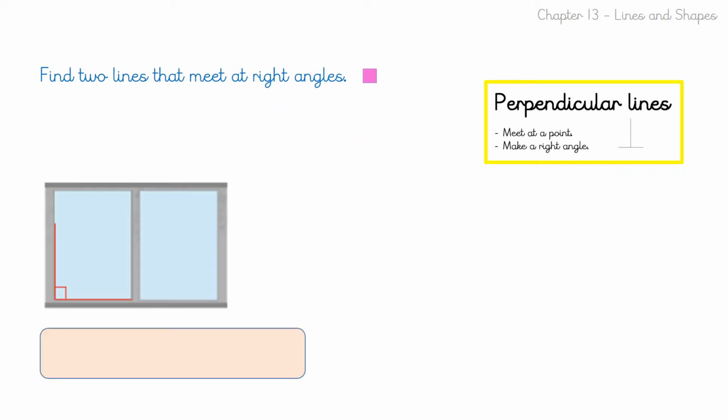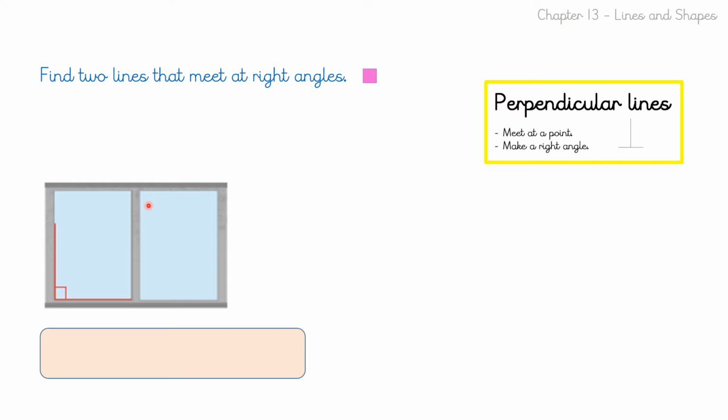Look at this window now. Can you find 2 lines that meet at a point and make a right angle? So we got an example here, the 2 lines that meet at a point and they make a right angle. Can you find another example? Okay, let's go for one of those that you've just said. So I'm going to look at this right angle at the top of the window. So I know that if there is a right angle, then they're going to be perpendicular lines.